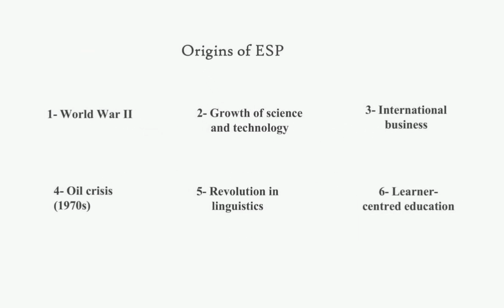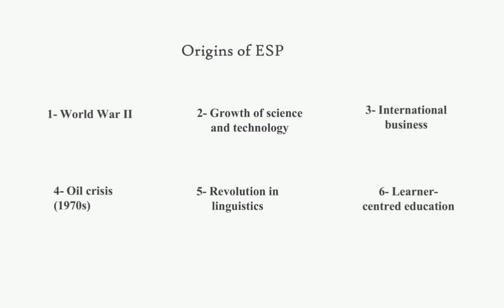ESP developed in response to several important changes that took place during the 20th century. The first factor was World War II, which was followed by rapid development in science, technology, and international communication.